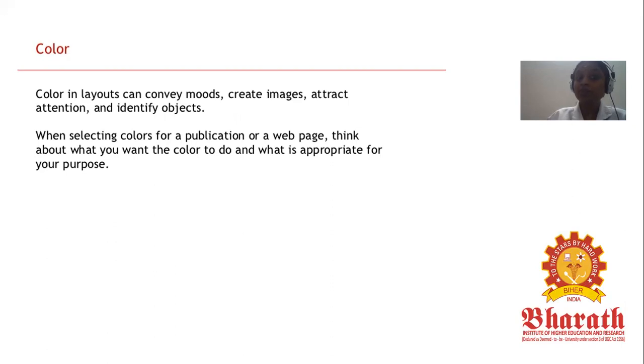The color focuses mainly on mood, because mood creates the message, images, attraction, attention, like inspiration, and identifies the objects. When selecting a color for a publication or web page, think about what you want the color to do. What is appropriate for your purpose.